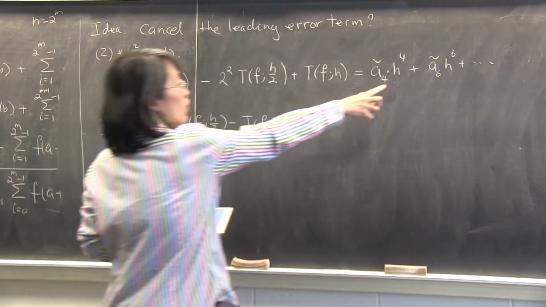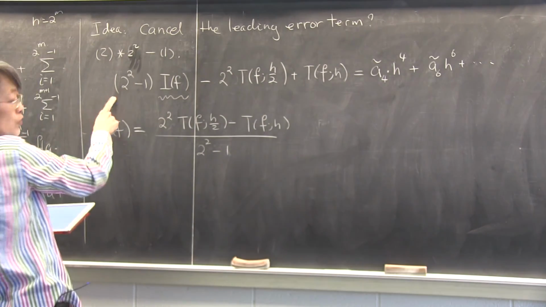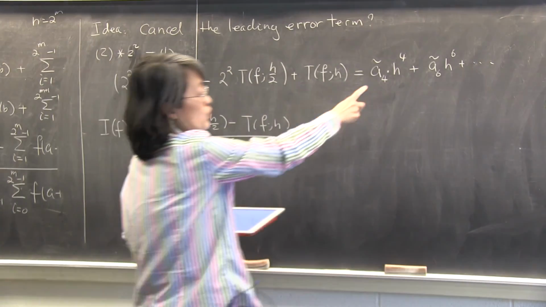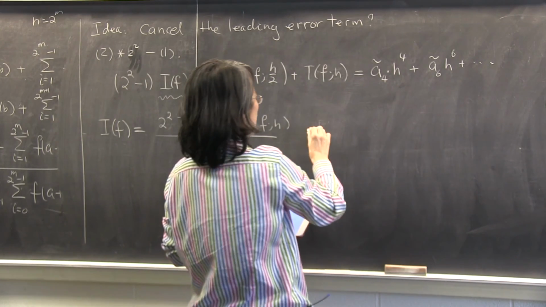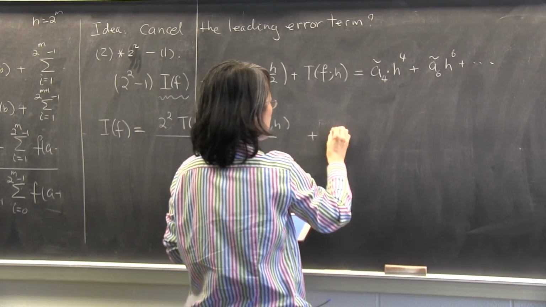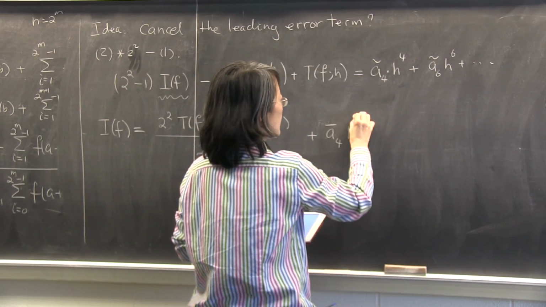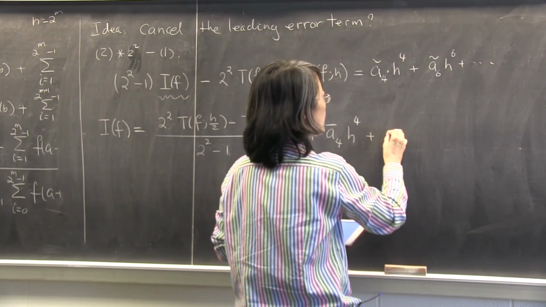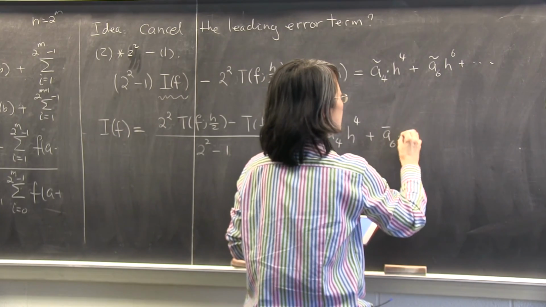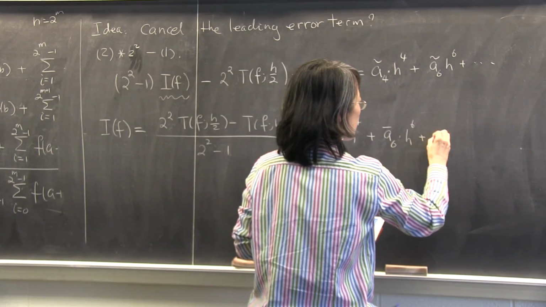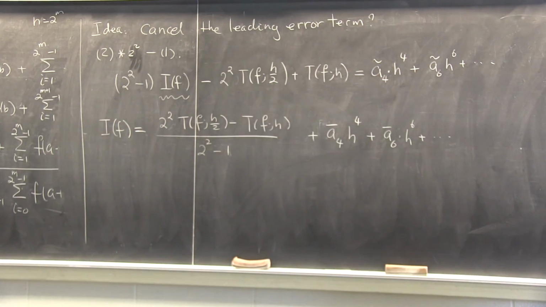And then all these terms will be divided by 3. This will be a tilde 4 divided by 3. It's another constant. Let's just call it a4 bar. I could just not bother and write it as a4 because these are constants. It's the h that matters for some a_n bars.